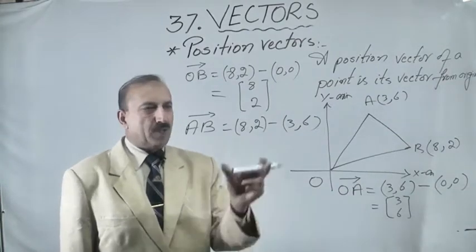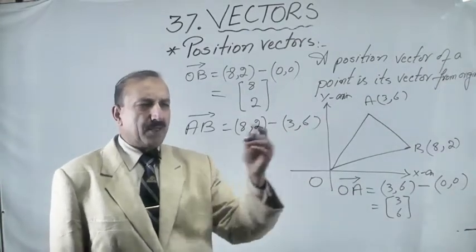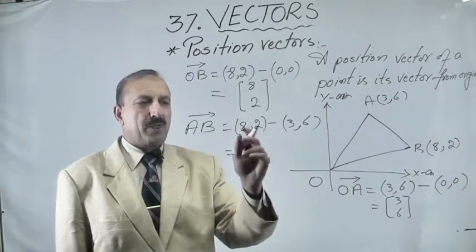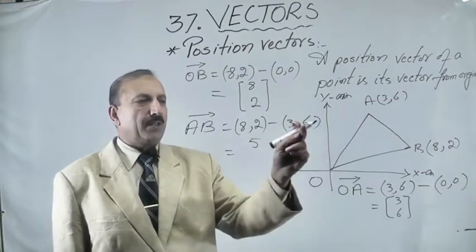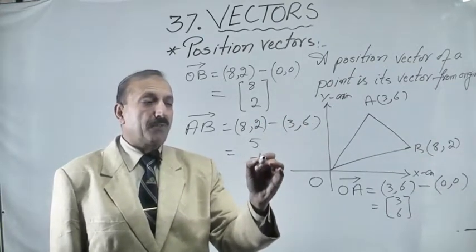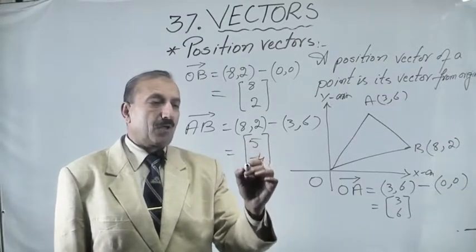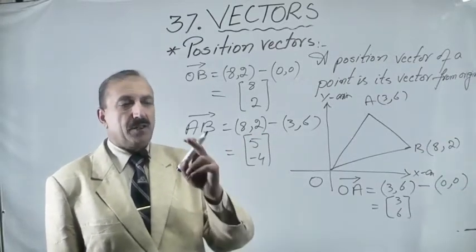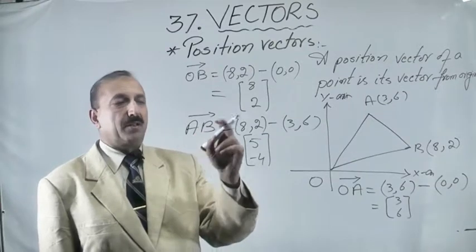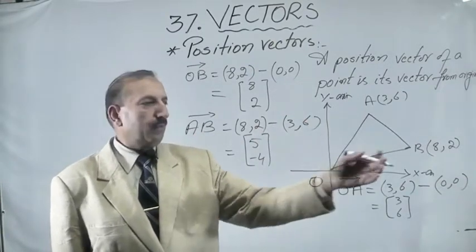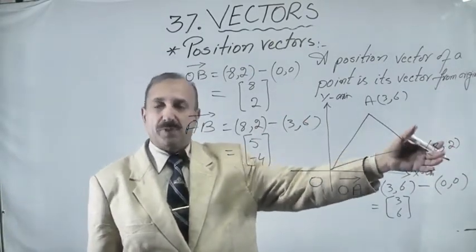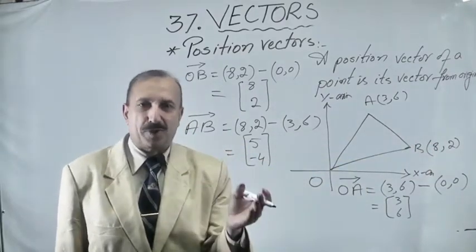And when we have these 2 points, again in a similar manner, let's simplify: 3 from 8, we will get 5, and 6 from 2, we will get minus 4. This is a column vector representing the AB vector, where A and B are points containing ordered pairs. Here is the process to find the vector.